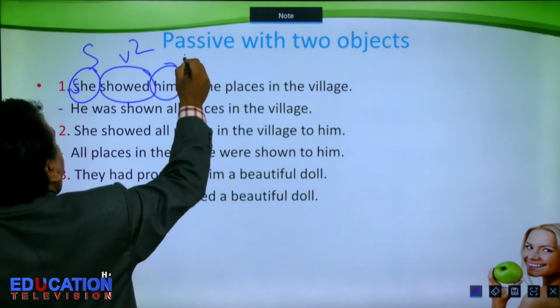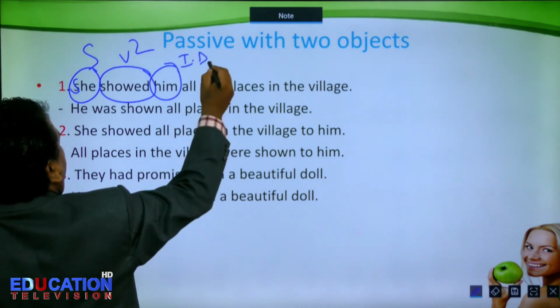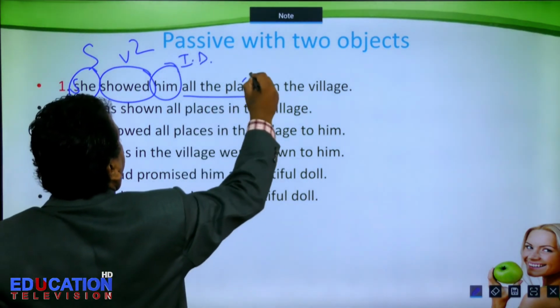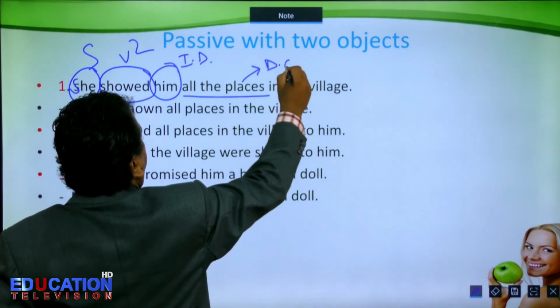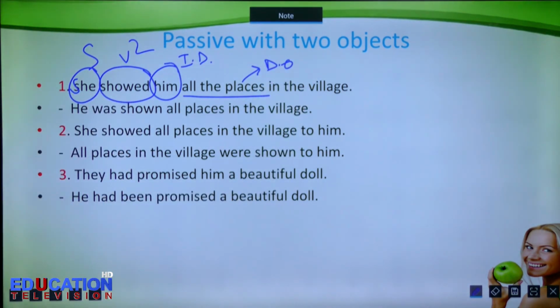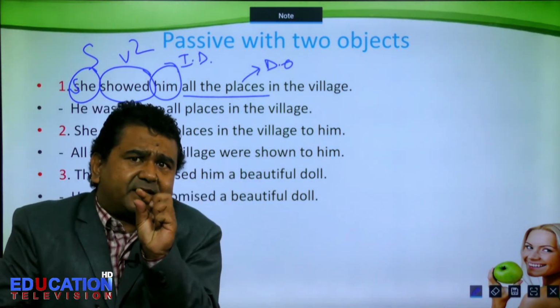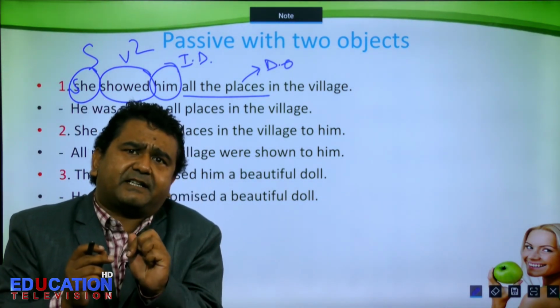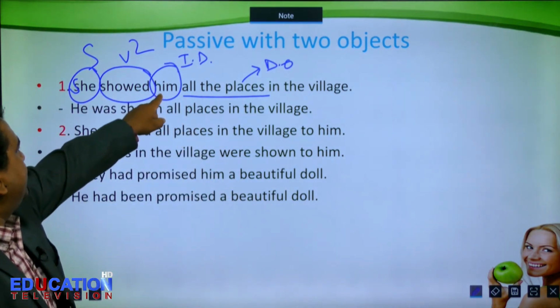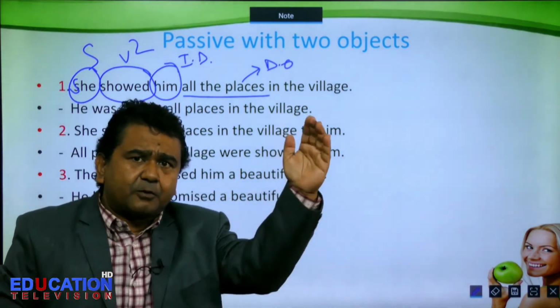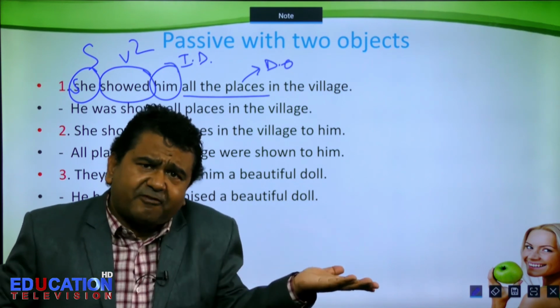Him, indirect object. All the places, direct object. In such a case, what to do? See the nearest object. Which one is the nearest object? Him, indirect object. So bring it as subject. Finish.